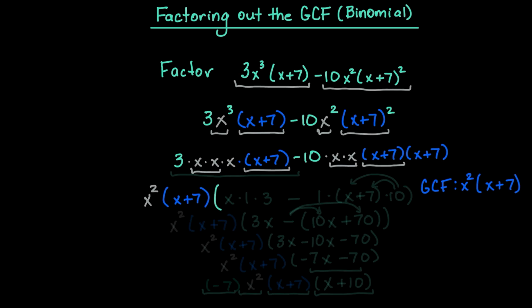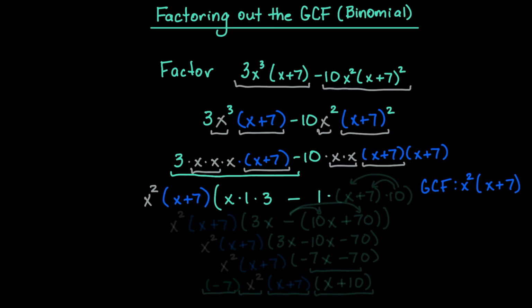From my first term, here's my first term here. If I divide out x squared from x cubed, I'm left with 1x. If I divide out the x plus 7 from x plus 7, x plus 7 divided by x plus 7 is 1. So times 1, and then our 3 is still there because there was nothing to divide out. Minus, if I divide out x squared from x squared, that's 1.